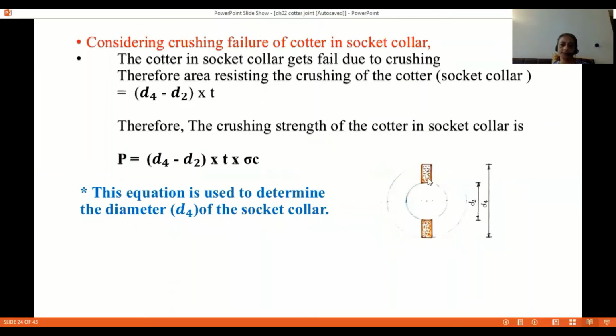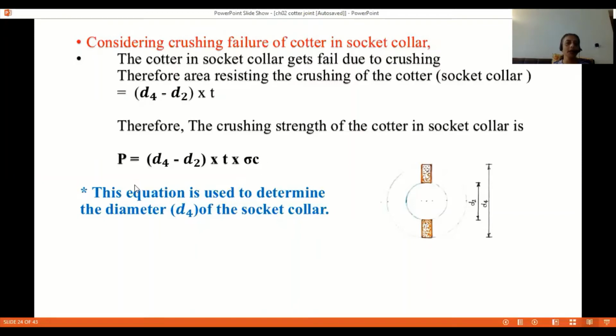So friends, we can see here it's a rectangular area, and for length we will be taking the diametral difference, and the width is the thickness. So the equation of area is (D4 minus D2) into t. And the strength equation will be area into sigma c.